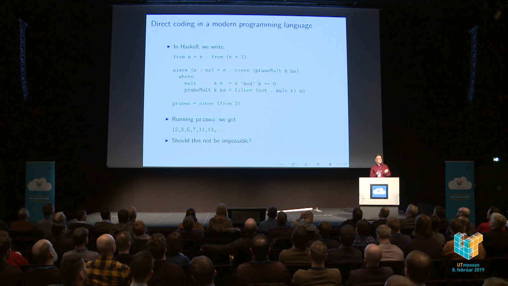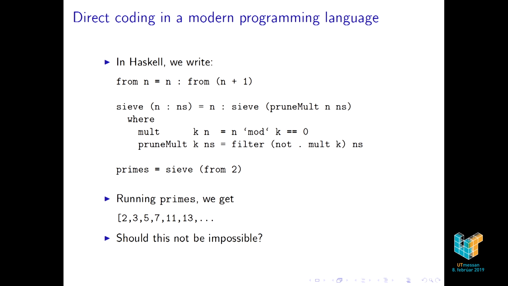There is this functional programming language, Haskell, that will actually work with infinite data structures for you, and you can literally write down what the Greek guy had taught you to do. So all you say is, you define the sequence of natural numbers from any number. From of n is just the number n, and then you repeat from n plus 1.